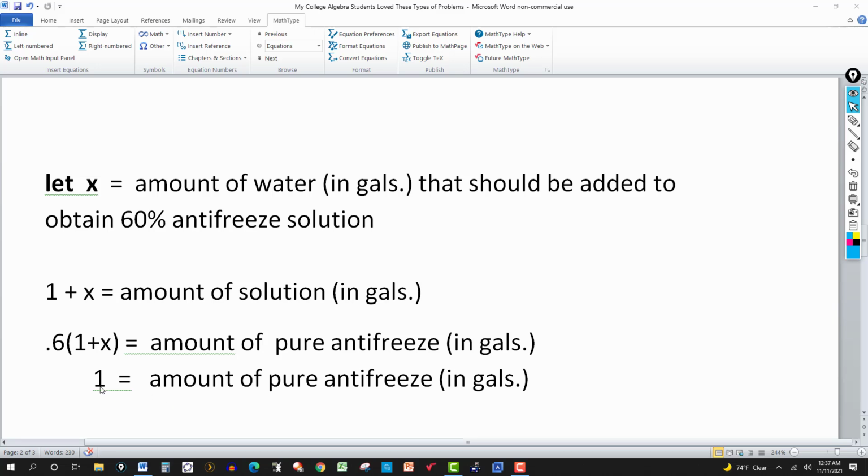But I already know that 1 gallon is equal to the amount of pure antifreeze. These two quantities right here should be the same, because they both represent the amount of pure antifreeze. So we set those equal to each other.